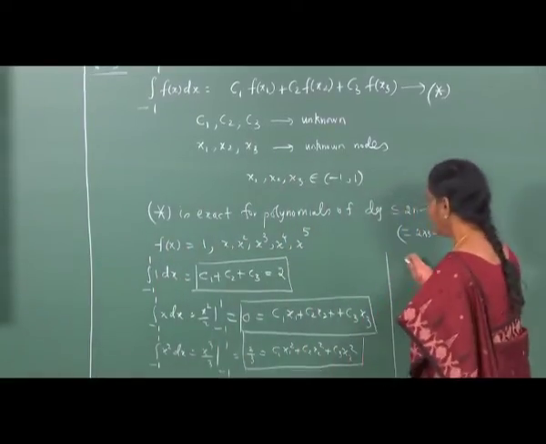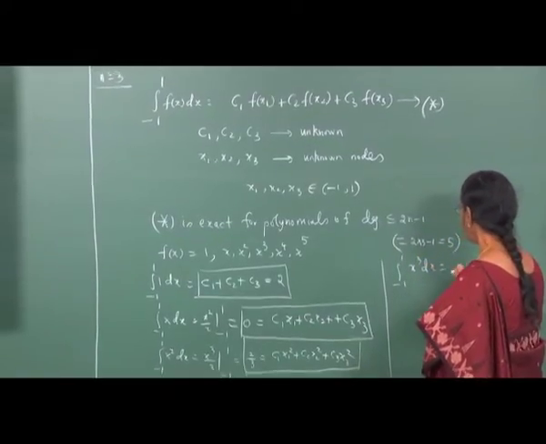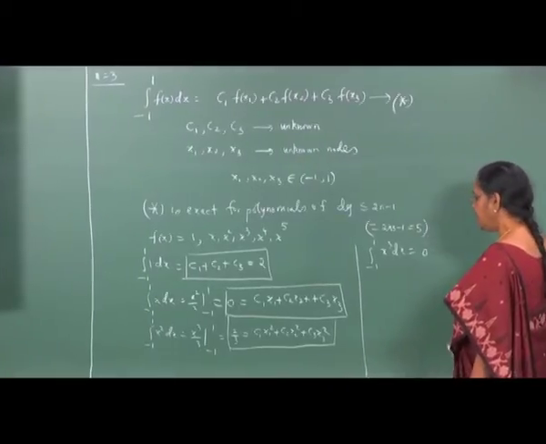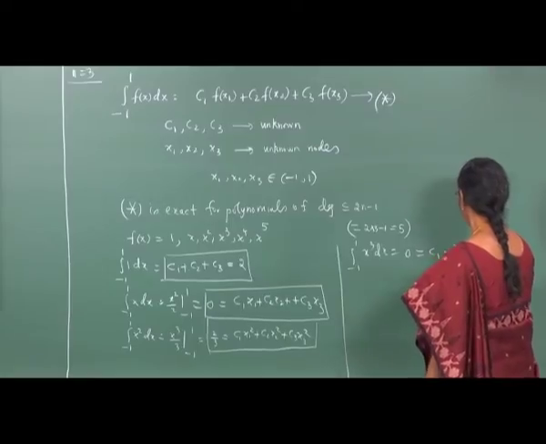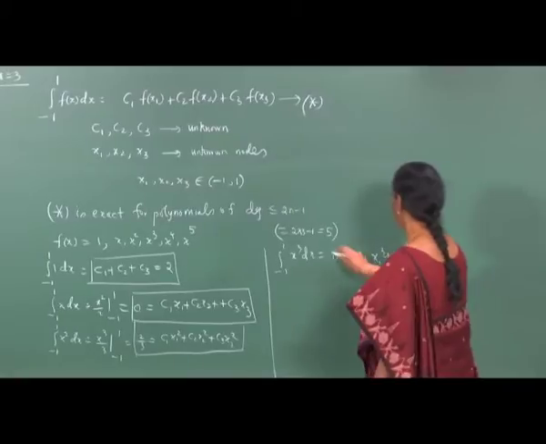And then integral minus 1 to 1 x cubed dx, and that will be equal to 0, and that will be c1 x1 cube plus c2 x2 cubed plus c3 into x3 cubed.